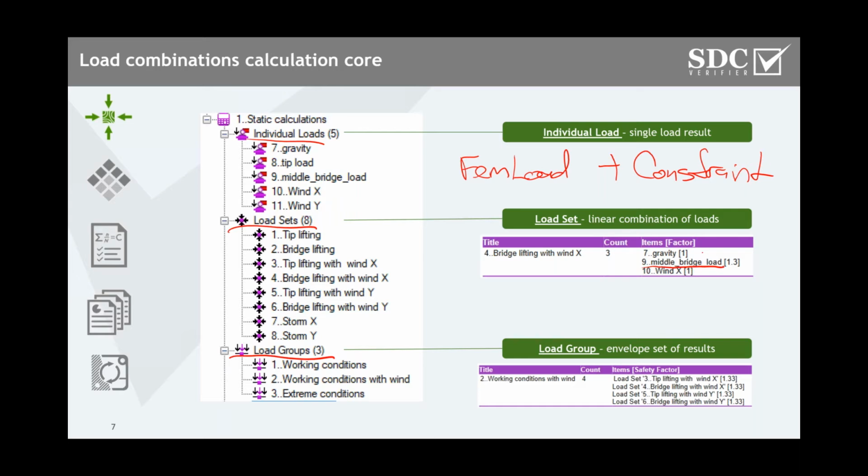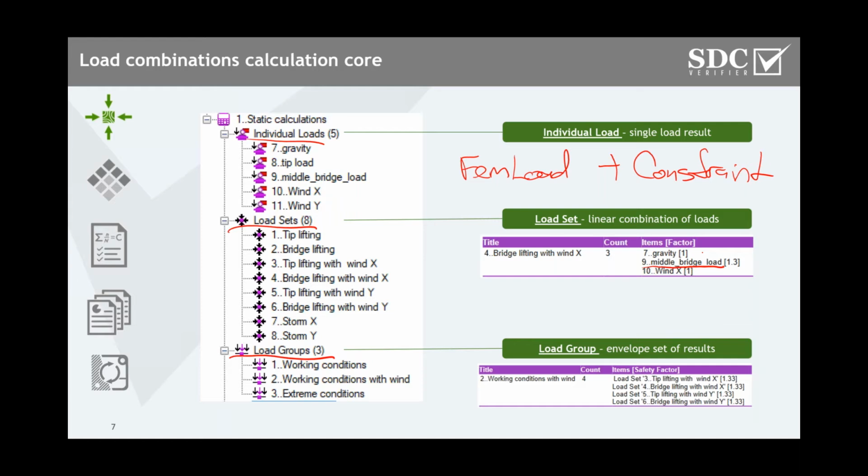You can just apply 1 kilonewton or 1,000 pounds of force to a certain location, and then multiply it with any factor you would like, because within the loading combinations you're able to linearly combine them into sets.